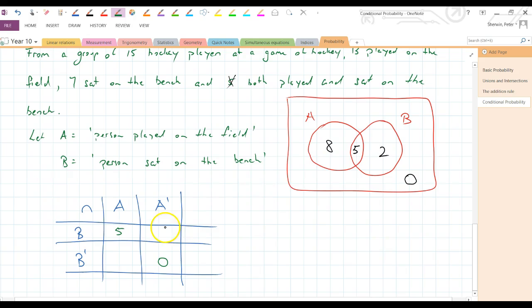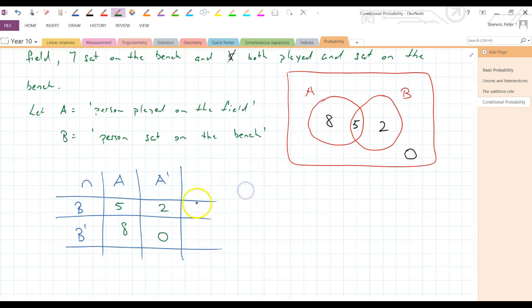Our B but not A, that's 2, and A but not B, that's 8. So if we add up through here, we get 7 and 8, we get 13 and 2, and we get our magic number 15, which is the sum. So there it is in a two-way table.